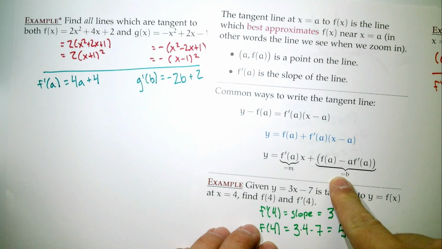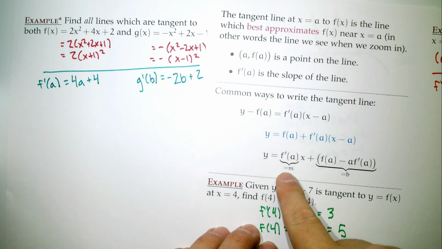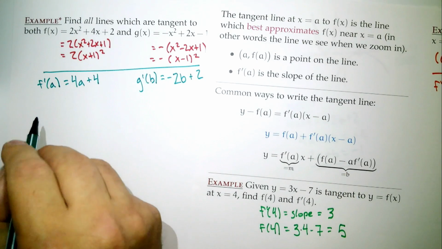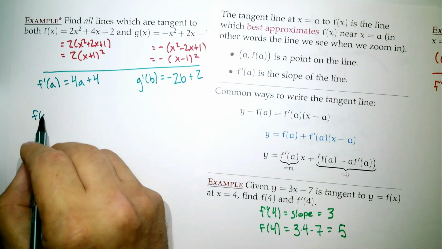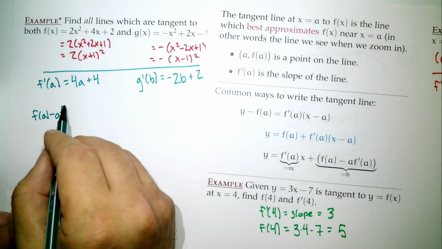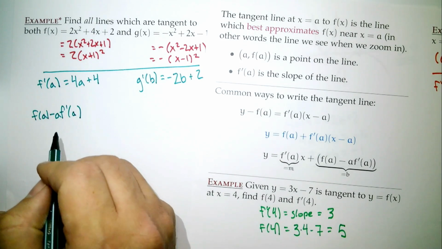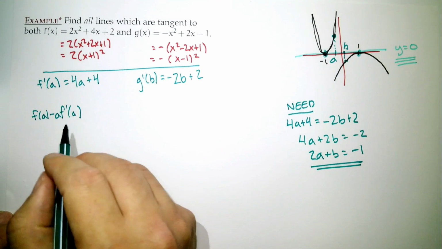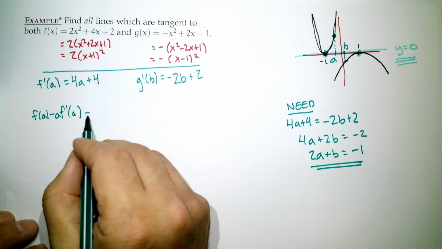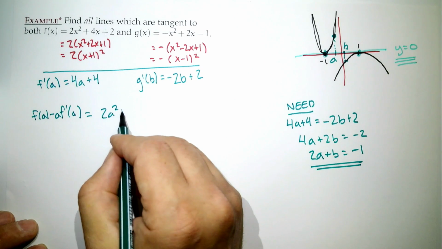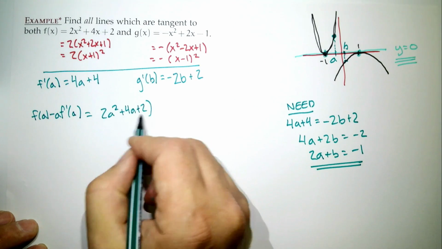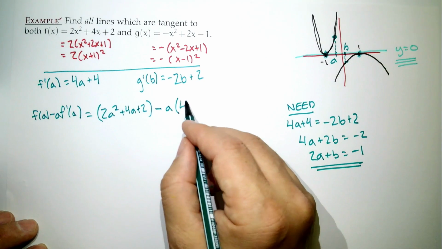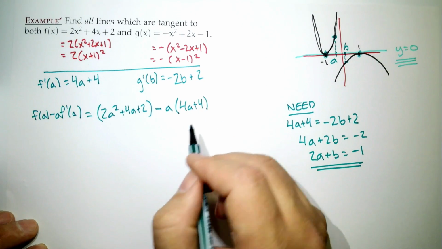formula for the intercepts. So the slope is the derivative. The intercept, I'm going to copy it down here, that would be f of a minus a times f prime at a. Okay, that's our intercept. So for us, f of a, 2a squared plus 4a plus 2, subtract a times 4a plus 4.